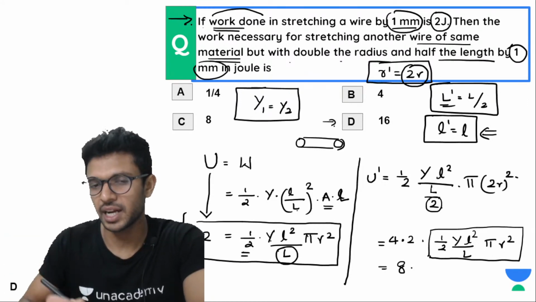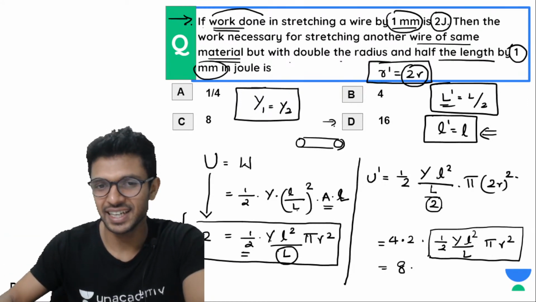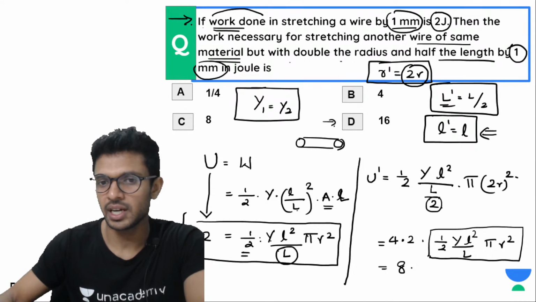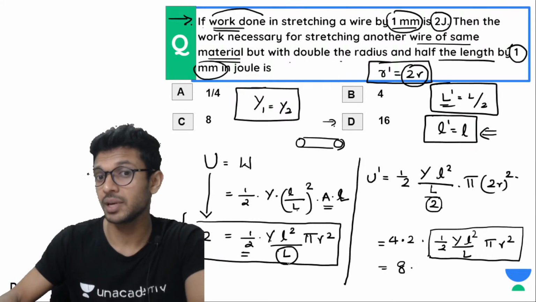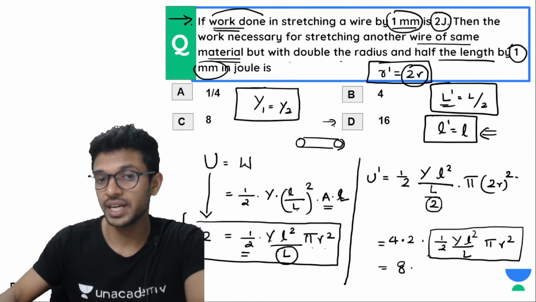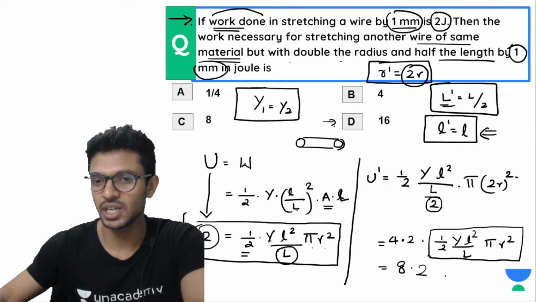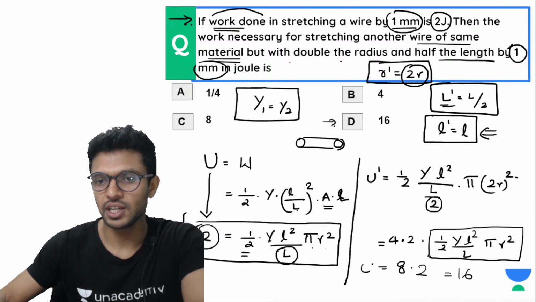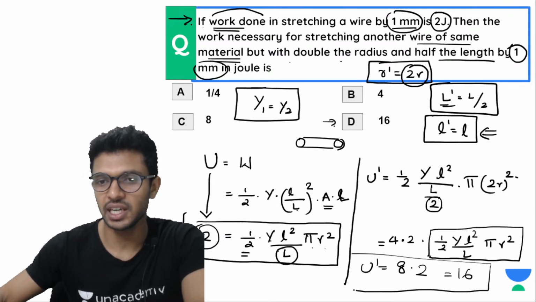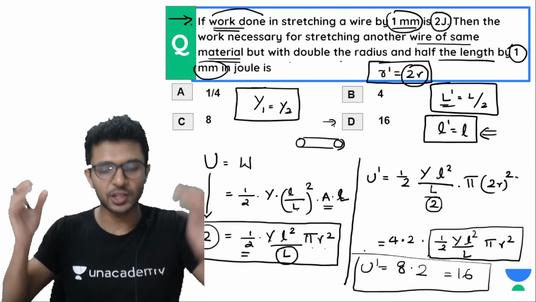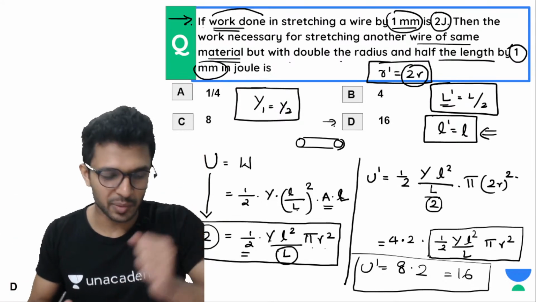Dekh le. Look at the equation 1. Half Young's modulus chotu L square by capital L pi chotu r square ka value diya hai 2. Substitute kar le idhar. 8 2s are 16. The new value of potential energy became kitna? 16. Mil gaya to mil gaya. Answer bhi mil gaya. Maza bhi aa gaya.